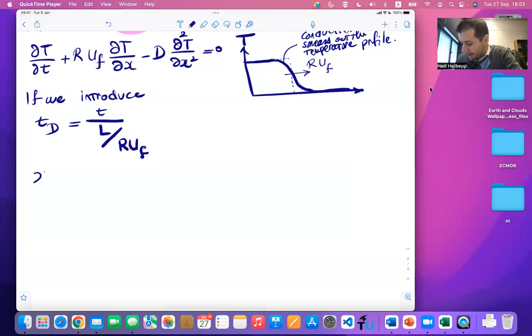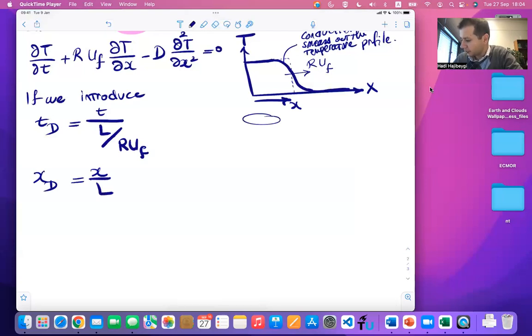How about the dimensionless length? Dimensionless length is X, the distance from the left boundary of my porous material, X can be any location here, divided by the length of my porous system.